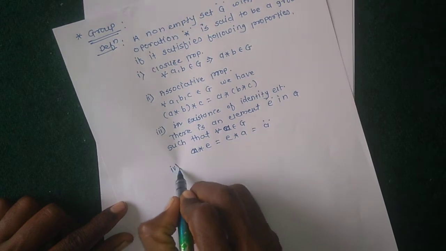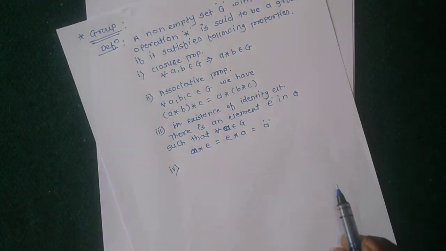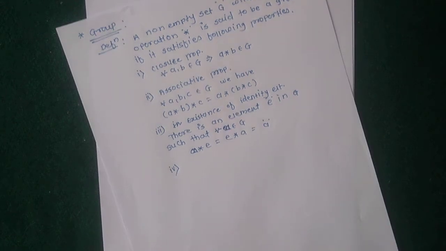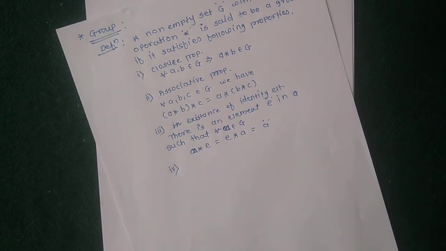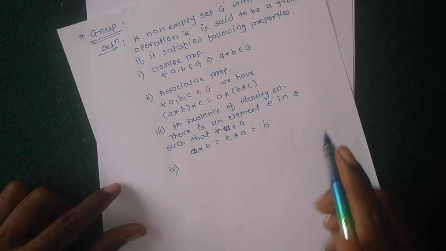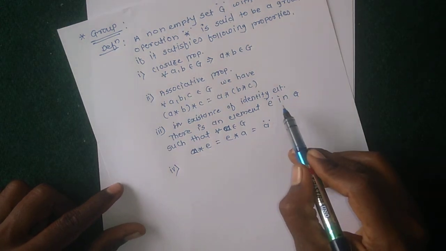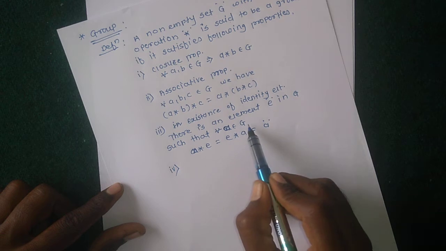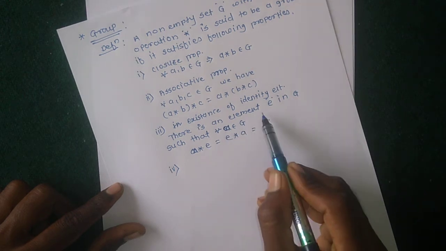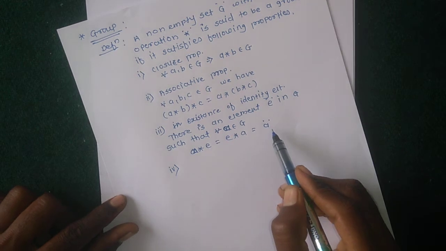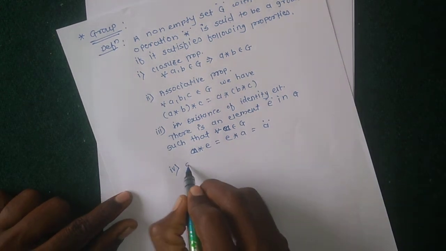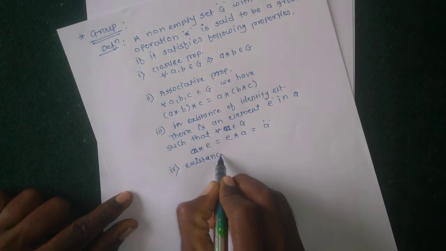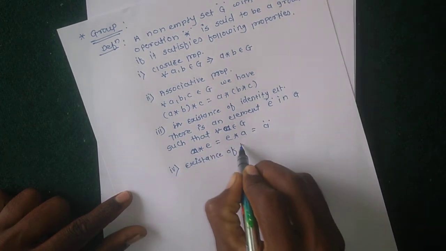And the third property means there is an element in the given set G such that when the binary operation is applied with any element a belonging to G, the value must be a itself. And fourth property is existence of inverse element.